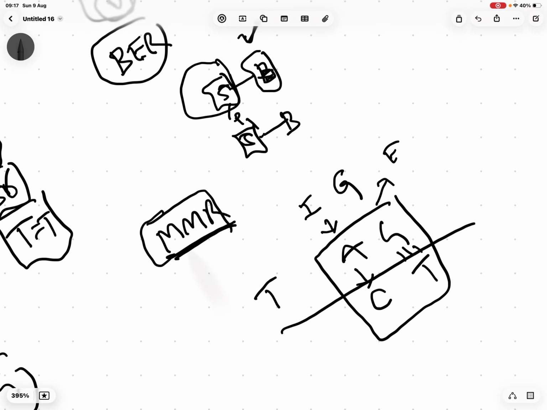We must understand that the mismatch repair system is different from base excision repair. In base excision repair, the bases are in abnormal conditions, so such bases are removed. But in the mismatch repair system, the bases are not in an abnormal condition, but there is a mismatch between the daughter DNA strand and template DNA strand sequence.